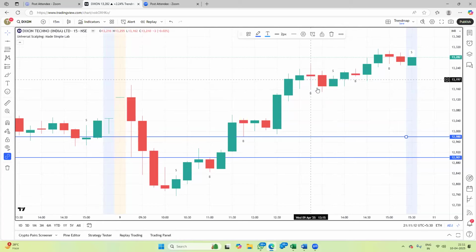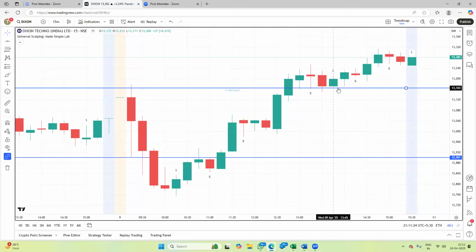Now a buy signal appears because this high is not broken. You didn't move the stop loss, but a sell signal appears after this candle closes. Immediately you move the stop loss here. Because see, if the low breaks, then you have to take a sell signal. You have to square up, which means you have to take the sell trade. So you have to close the buy positions, right?